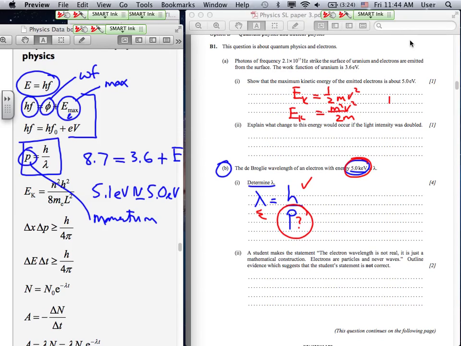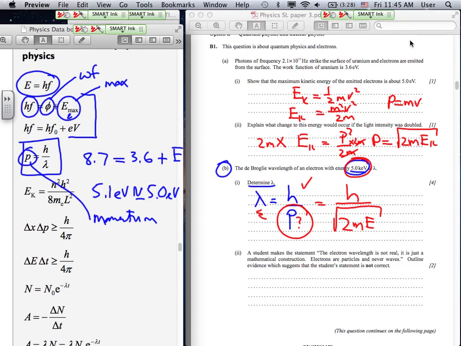And because p is equal to mass times velocity, I can write this as p squared over 2m. So Ek is equal to p squared over 2m. Therefore, if I multiply both sides by 2m, p squared is equal to 2m Ek. If I take the square root, p is equal to the square root of 2m Ek. So I can replace the p in the formula by the square root of 2m Ek.